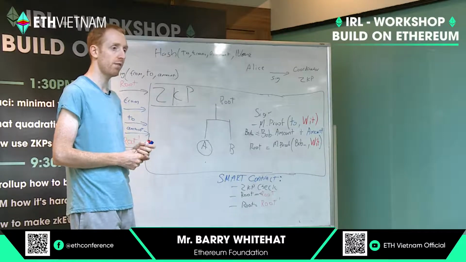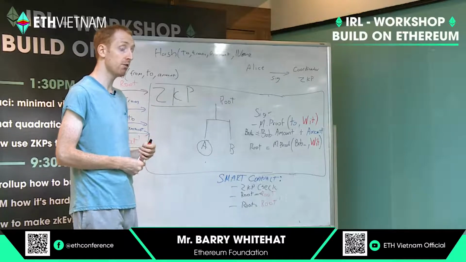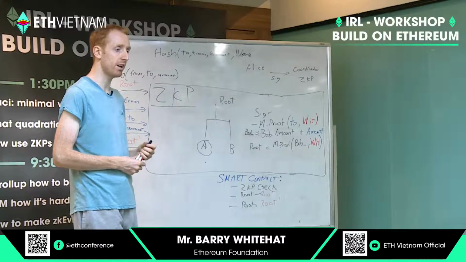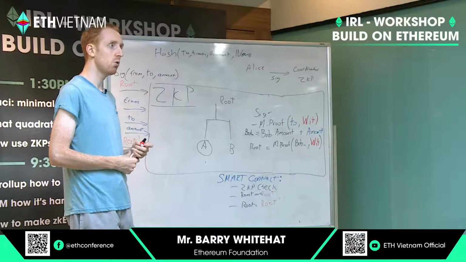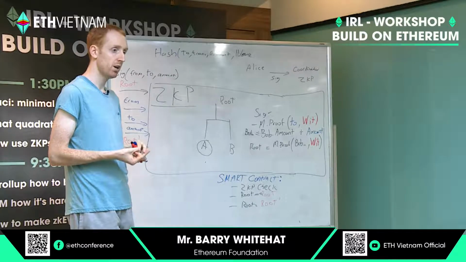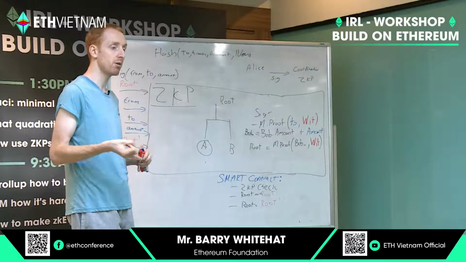Also, if they're doing some censorship attack or forced to do some censorship attack, there's no way to recover. I think the important thing about decentralization is that you have neutrality and you're able to recover from states where the system fails. And in this case, with Validium, you're not able to do either.